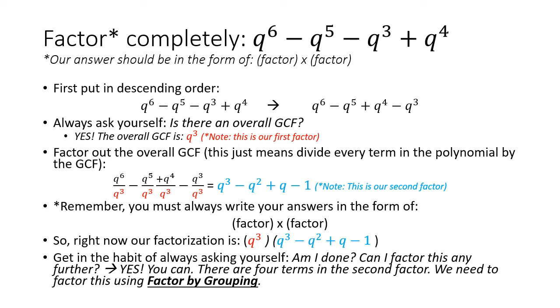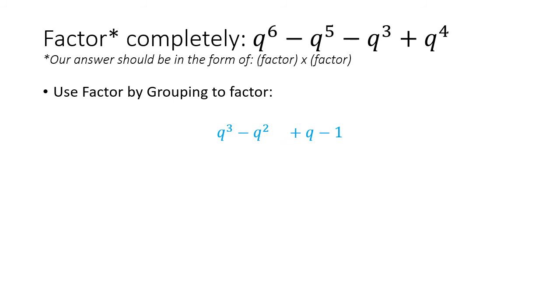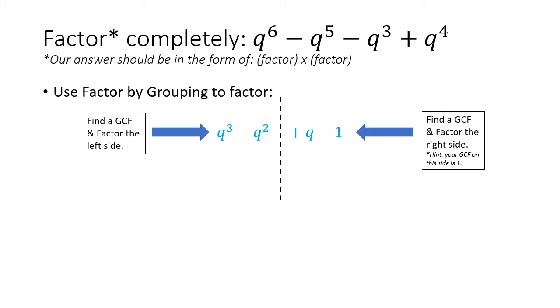So now I need to sort of ignore that first GCF in red, the q cubed, and just zoom in on that blue factor, q cubed minus q squared plus q minus 1, and use factor by grouping on just that factor. That means I'm going to split it down the middle, and I'm going to find a GCF and factor the left side, q cubed minus q squared.